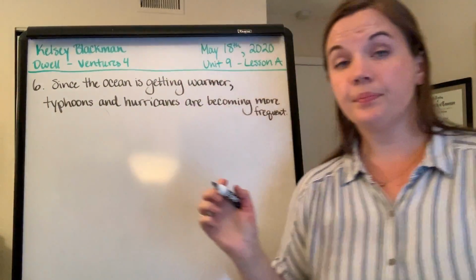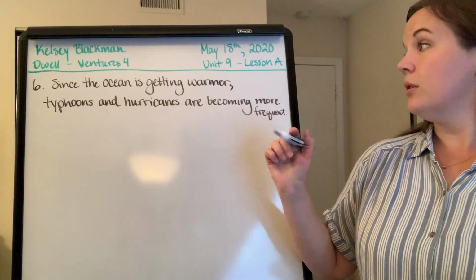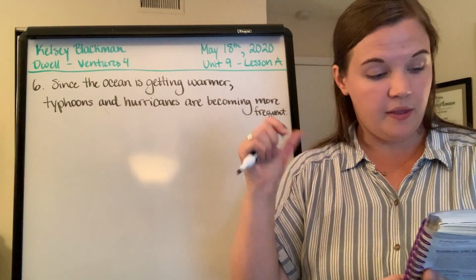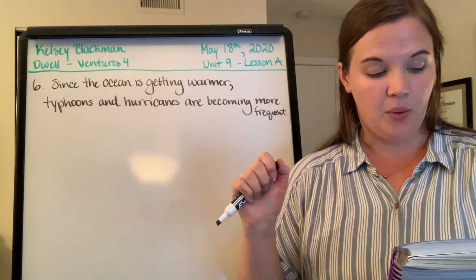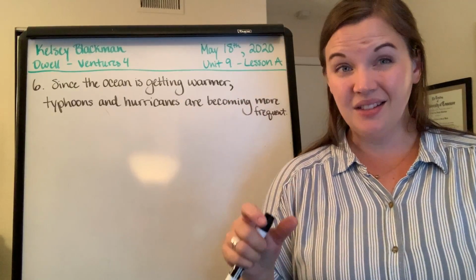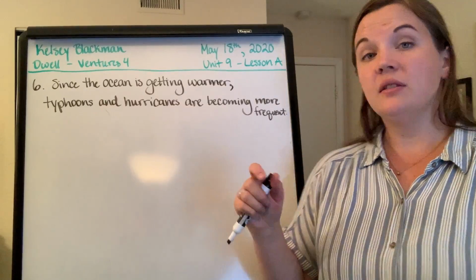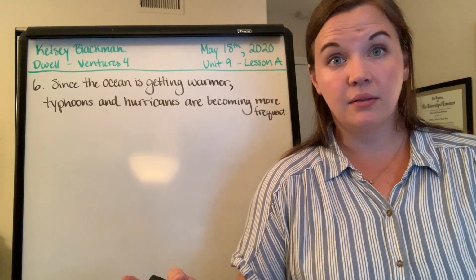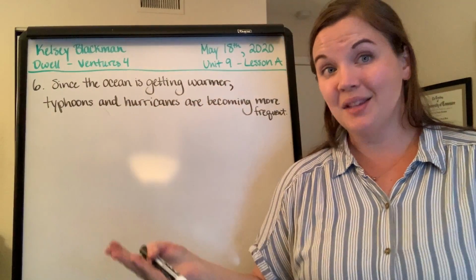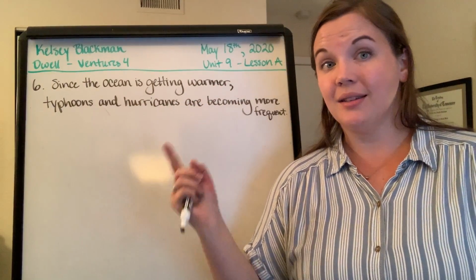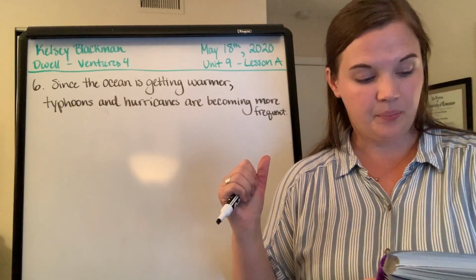Okay. So, the ocean is getting warmer. Typhoons and hurricanes are becoming more frequent. The word they gave you is since. So, since goes with the cause. And the cause is the ocean is getting warmer, and that is having an effect on typhoons and hurricanes.